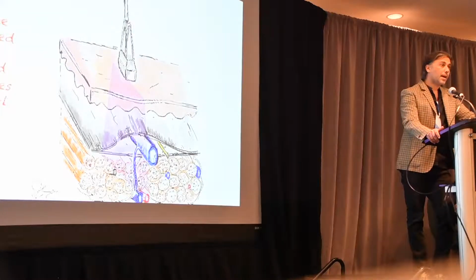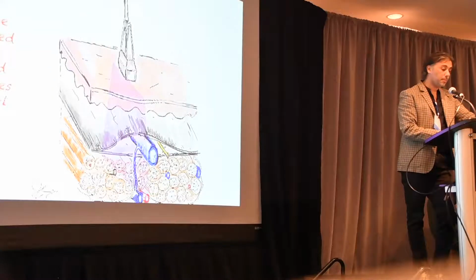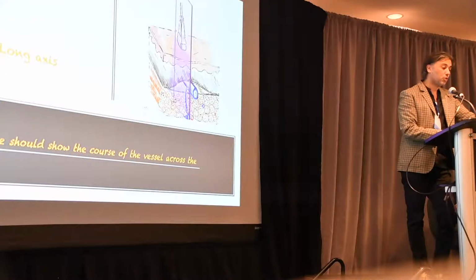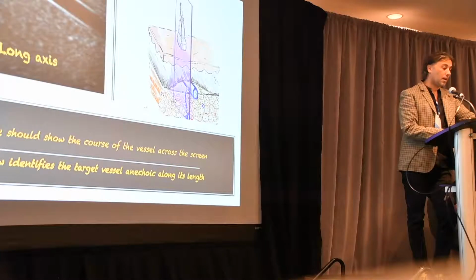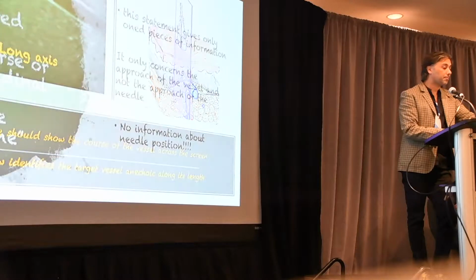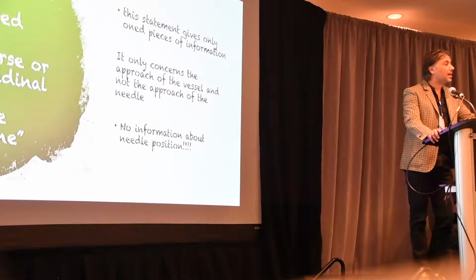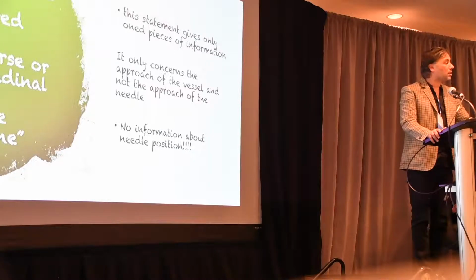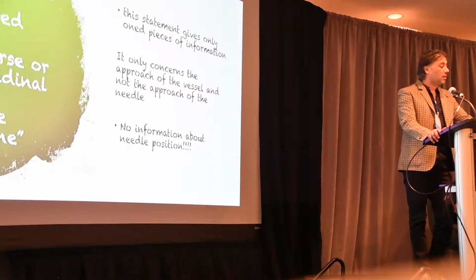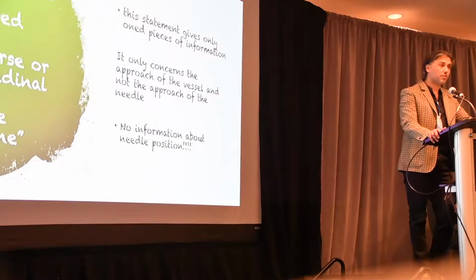In the long axis, the image is obtained with the probe and vessel in parallel. This image should show the course of the vessel across the screen, and the view identifies the anechoic target vessel along its length. But when we say that the vessel has been punctured with a transversal or longitudinal view, this statement gives only one piece of information.